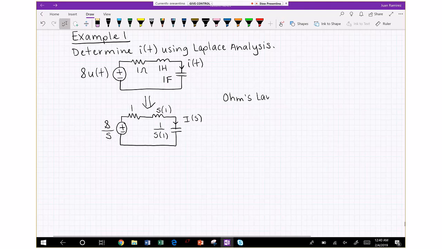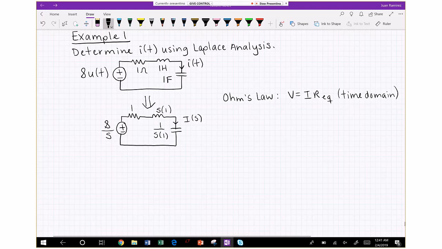Okay. So over on the right, I'm just going to make a couple notes. Ohm's law, which was one of the very fundamental laws that we use to analyze circuits, applies in the S domain the same way. So in the time domain, for some equivalent resistance, the voltage across that equivalent resistance is equal to the current through that equivalent resistance times the resistance.